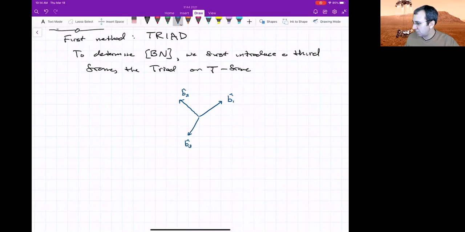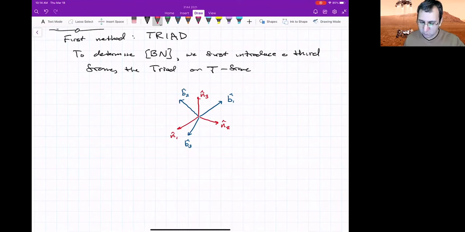That's our body-fixed frame, some frame attached to the spacecraft. There's also the inertial frame, like the Earth-centered inertial equatorial, and I'll do that in red, like I've usually done. So here are N1, N2, N3.